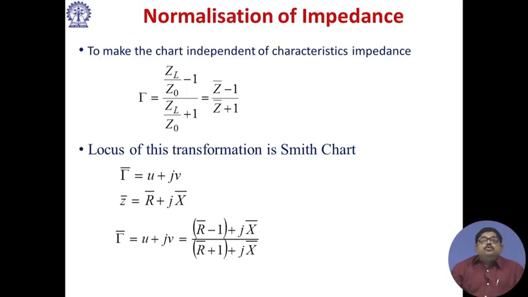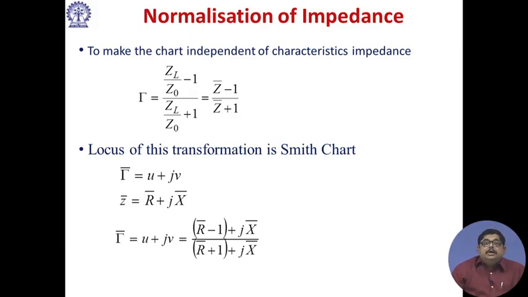Now, to make the chart independent of characteristic impedance, because I can use various types of transmission line, someone using 50 ohm, someone else 75 ohm, etc., so that the chart becomes general, the impedance side of the equation is divided by the characteristic impedance.